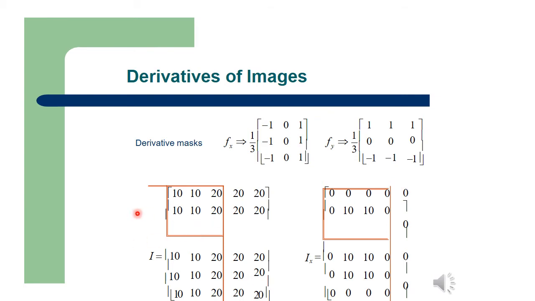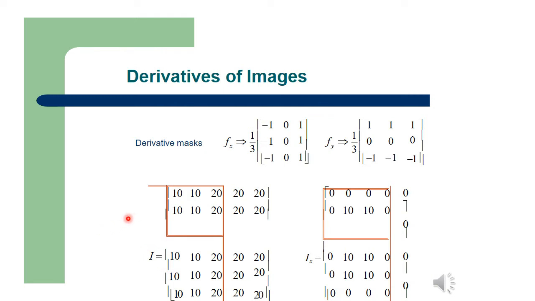When we apply this derivative mask upon this image, for example a 5 cross 5 image, we apply f of x on the first 9 pixels.